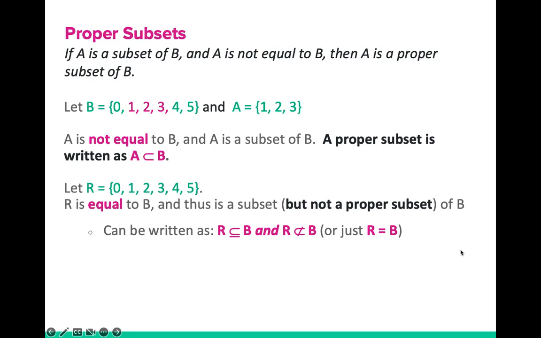So R is equal to B and a subset of B, but not a proper subset of B. And we can write it using the symbolic form. We have R is a subset of B, and R is not equal to B. Or just write it in this form: R = B.